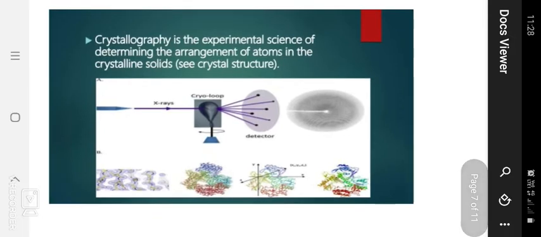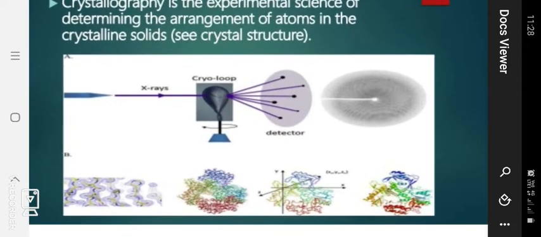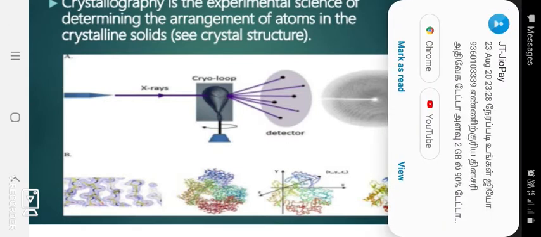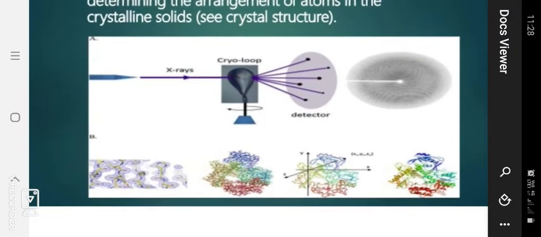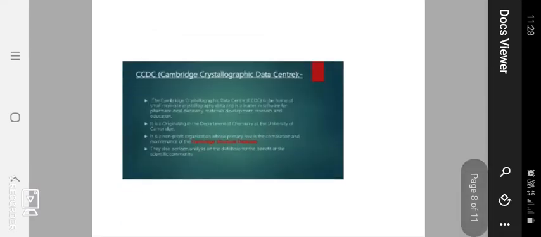Crystallography is the experimental science of determining the arrangement of atoms in crystalline solids. That means crystal structure, X-ray, a loop, and a detector. Okay, so these are all the 3D structures.